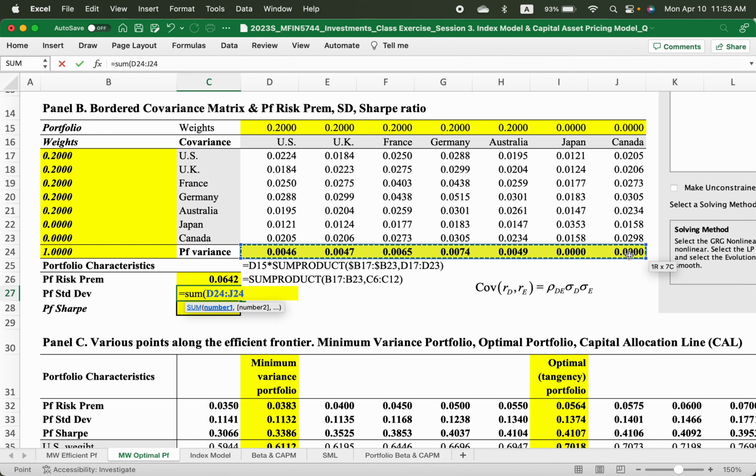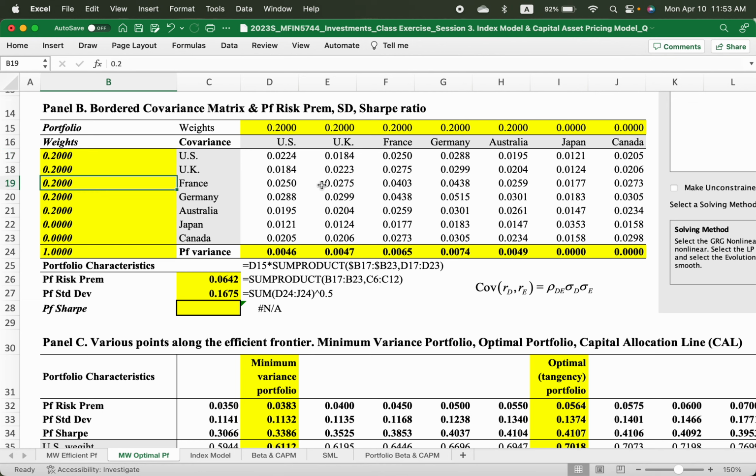What is this sum? Right, as in the previous exercise, this is the portfolio variance. And this is the square root, right? Or you can just use the square root function. Anyway, you get the same. So the standard deviation, if we invest 20%, 20%, 20% in the weights of these securities, then we can expect 16.75% standard deviation.